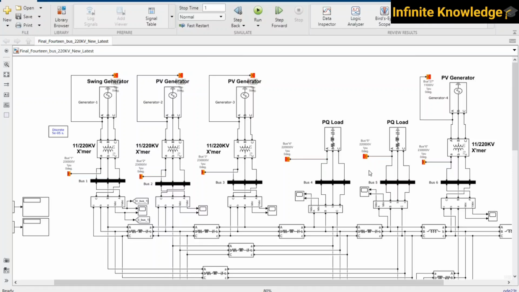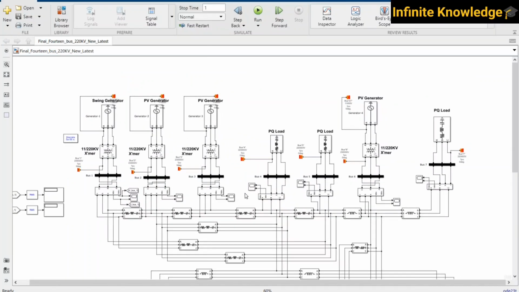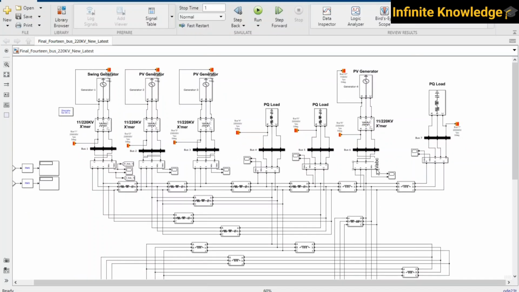You can see we have used a generator. All generators mostly work at 11 kV, so I considered 11 kV, generated it, and stepped it up with a step up transformer to 220 kV. So it is a 14 bus system in which all the buses are on 220 kV.